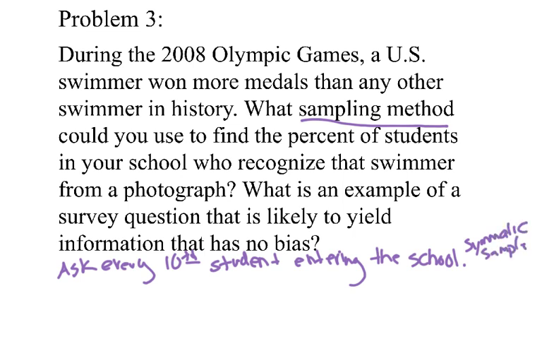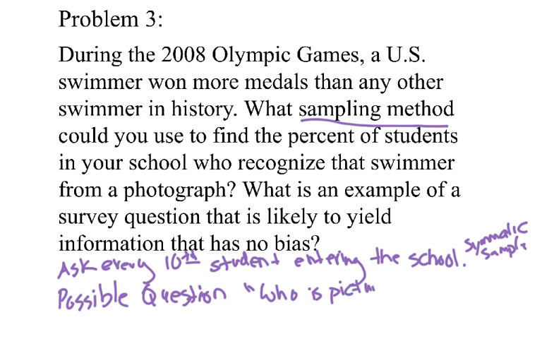There could be different results. You can do this in a different way. And a question that probably contains the least bias, so our possible question that we could use, could just be who is pictured in this photograph.